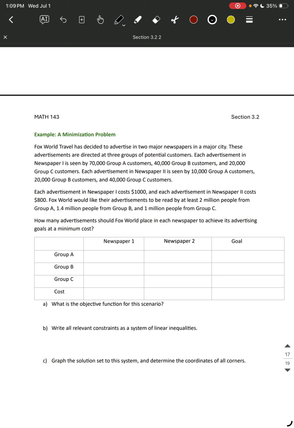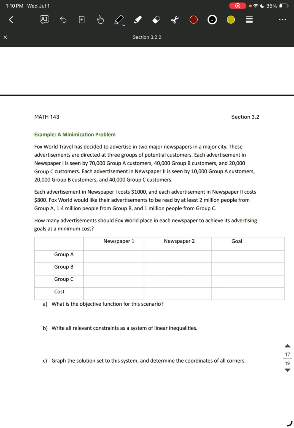Foxworld would like their advertisement to be read by at least 2 million people from Group A, 1.4 million people from Group B, and 1 million people from Group C. How many advertisements should Foxworld place in each newspaper to achieve its advertising goals at a minimum cost?